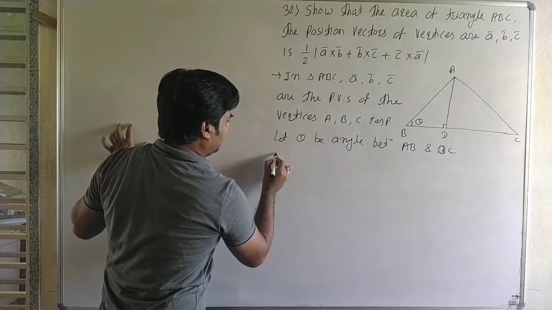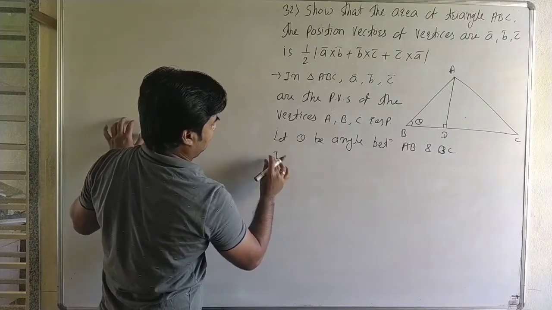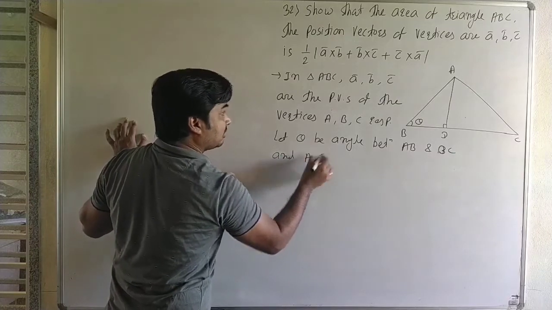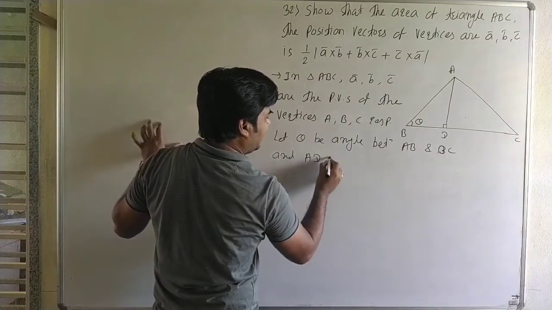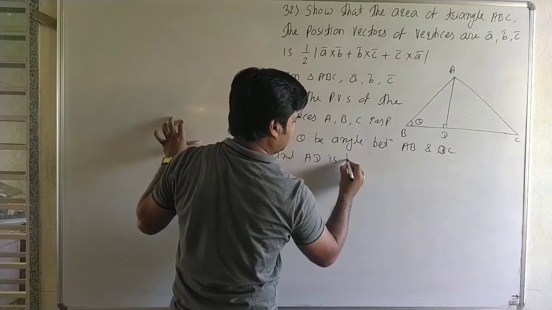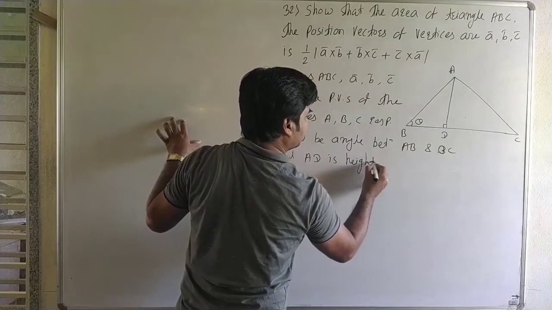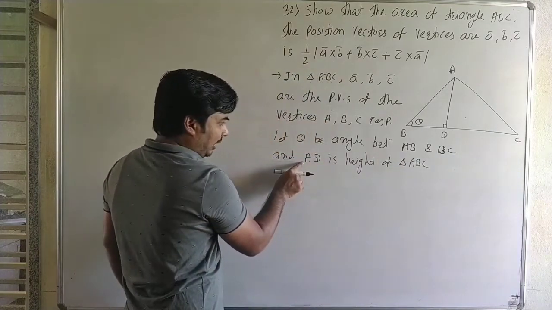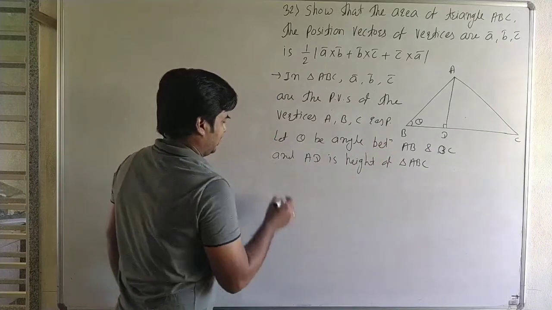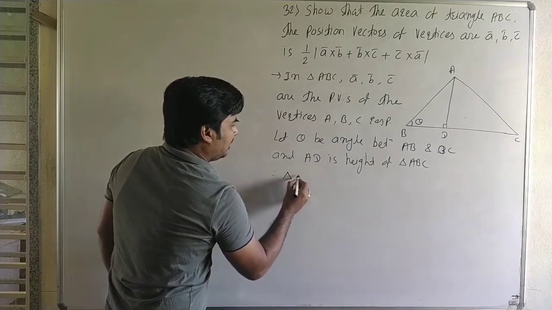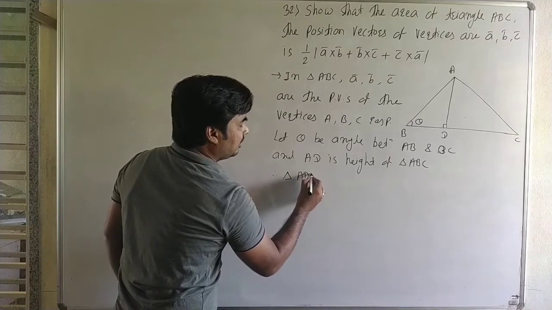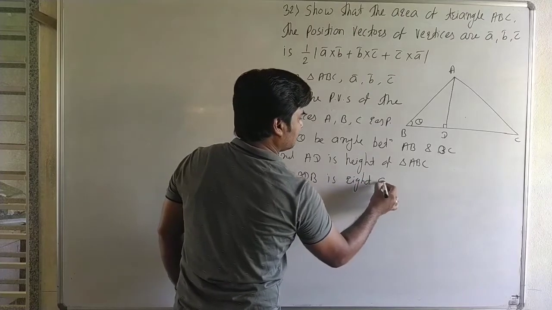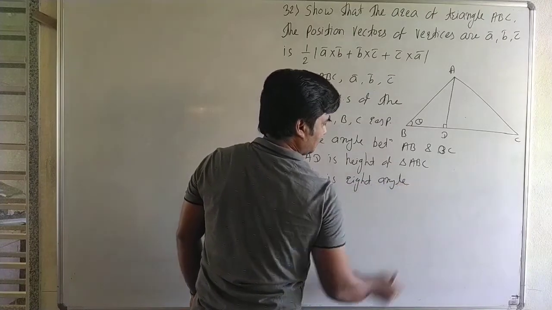Now in triangle ABD, AD is the height of triangle ABC. AD is through point A, therefore it is perpendicular to BC. Therefore triangle ADB is a right angle triangle.